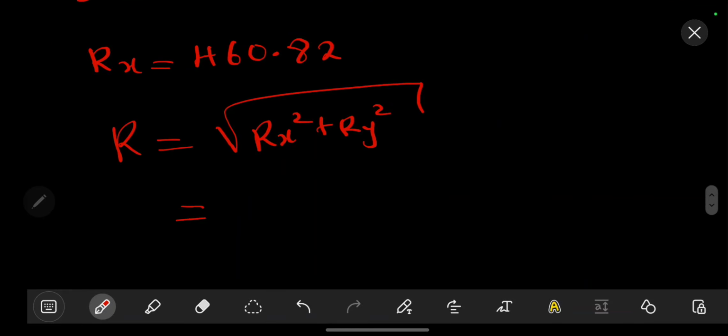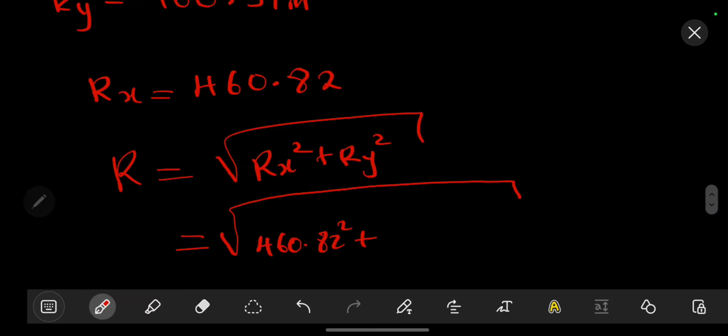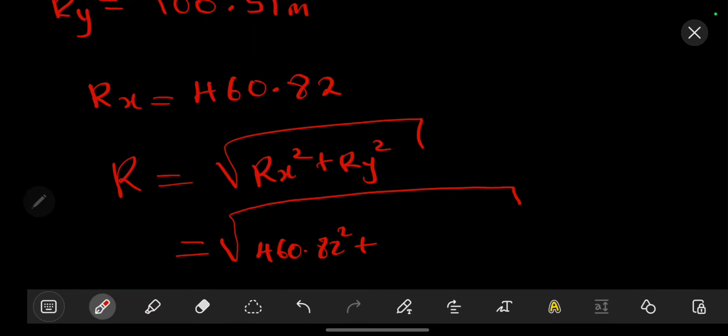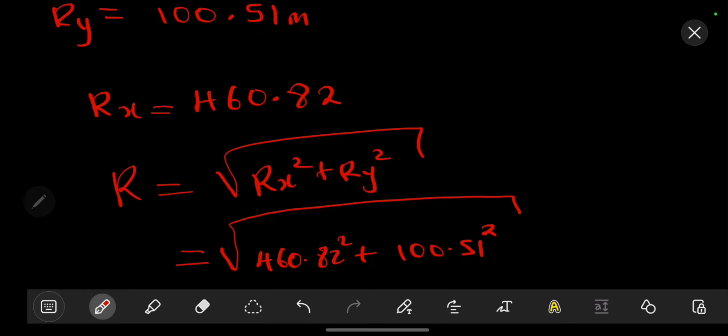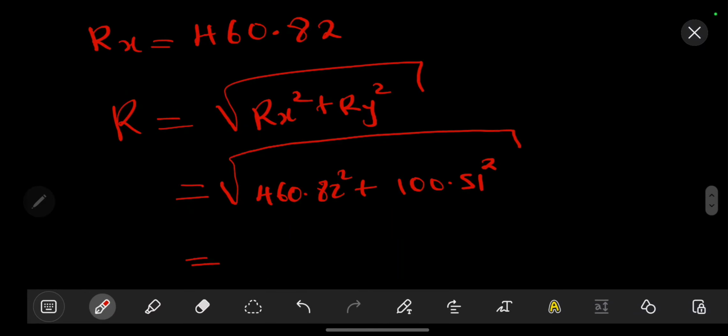So we are going to have the square root of our x component, 460.82 squared, plus our y component, which we found to be 100.51, squared.